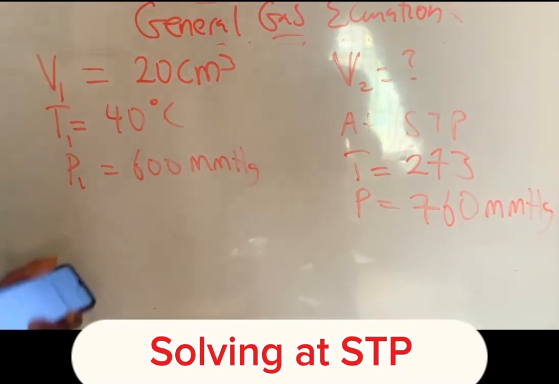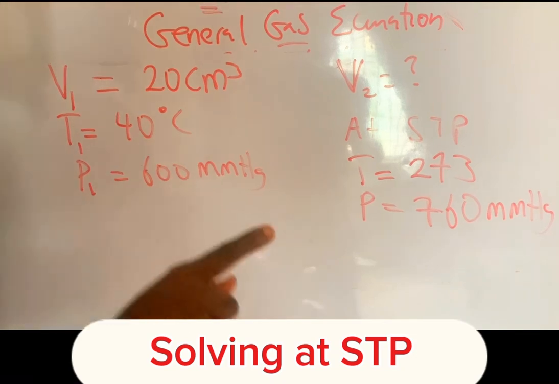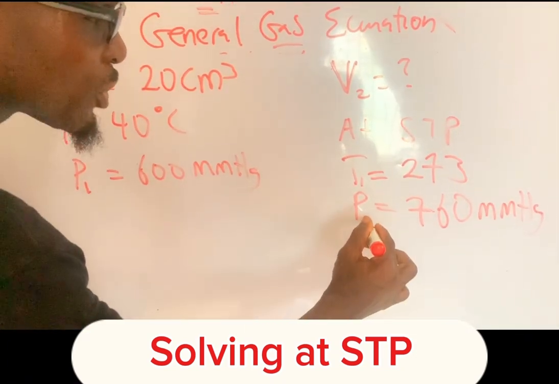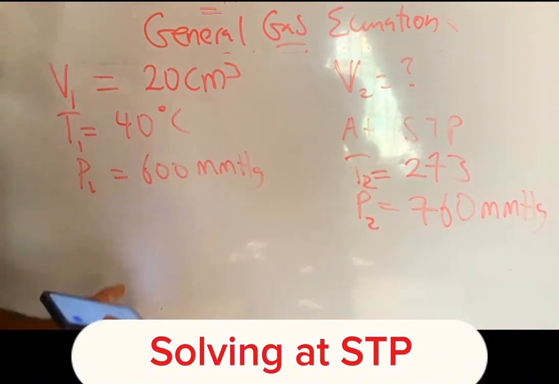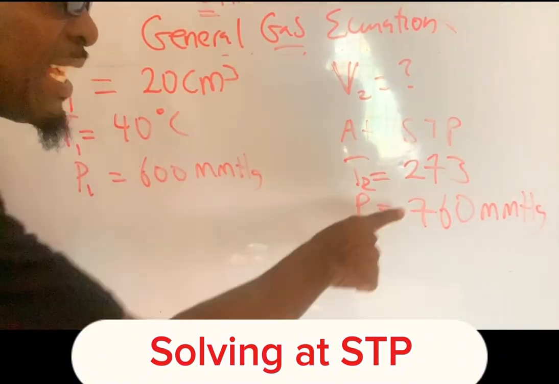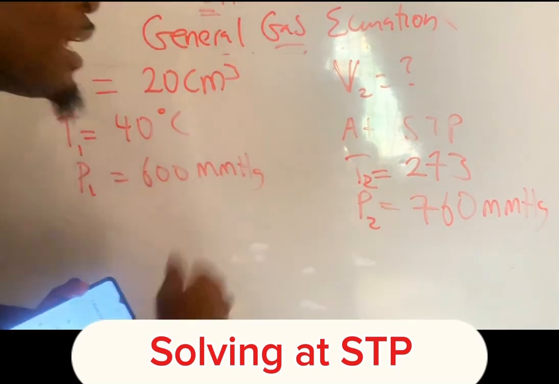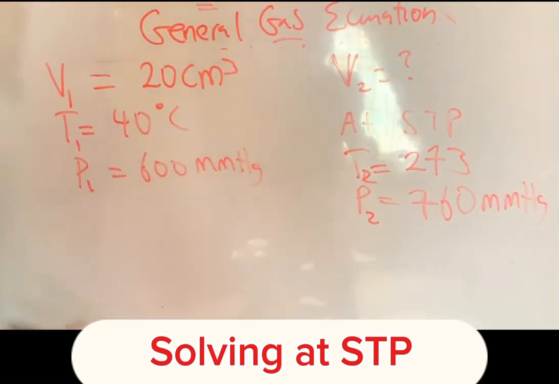So don't expect your teacher to give you your temperature or your pressure when you are asked to solve at STP. Once you hear STP, it means the temperature at that point is 273, and the pressure, if it is in millimeter mercury, is 760 millimeter mercury.